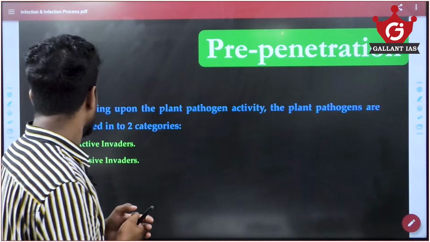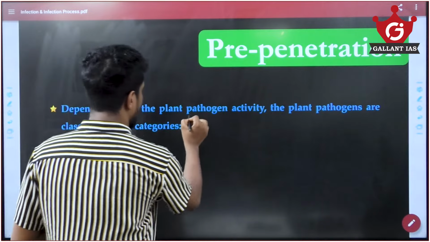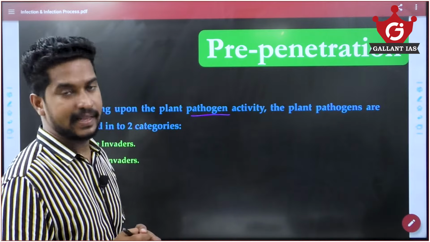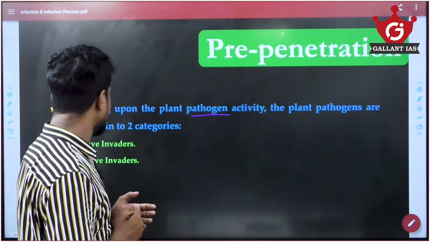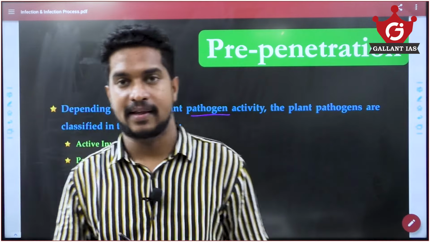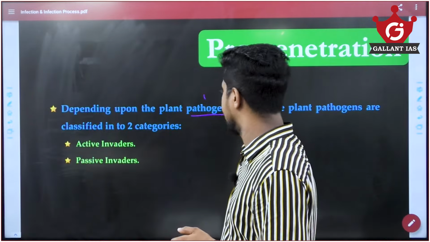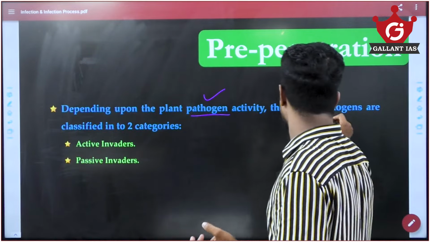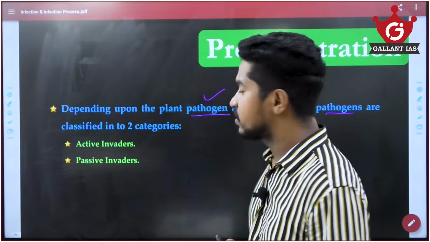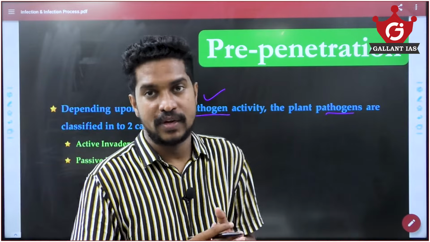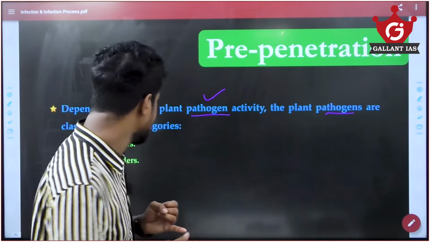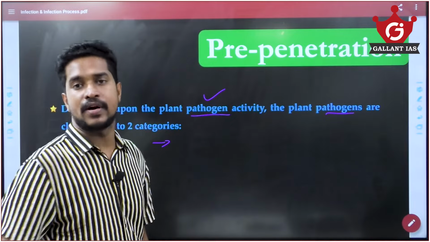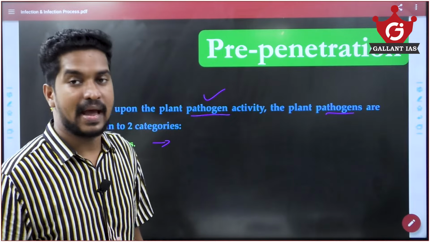Pre-penetration. Depending upon plant pathogen activity, the plant pathogens are classified into 2 categories. Which are the 2 categories? One is active invaders and the other one is passive invaders.